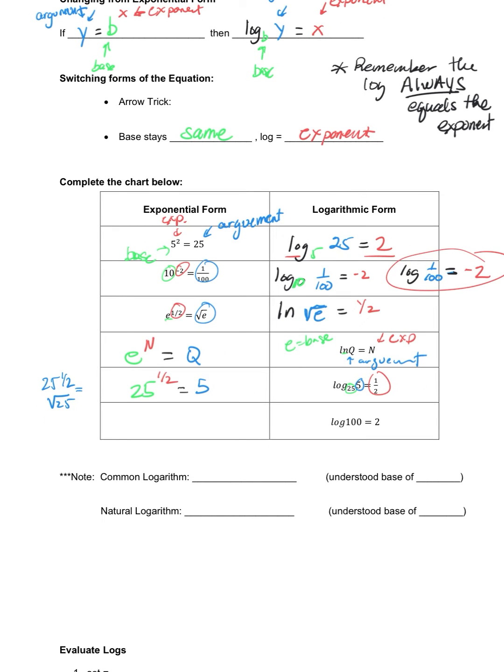All right. Now, based on what we did earlier, looking at this problem right here, our base is 10. We don't see it, it's understood to be 10. Our exponent is 2. Well, 10 squared has to equal 100, which is our argument, which is true. Okay.